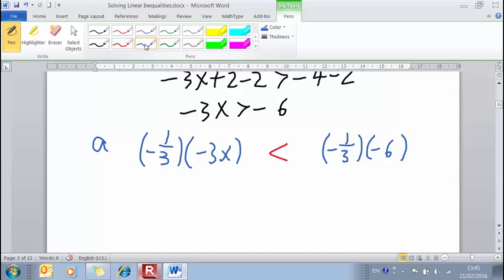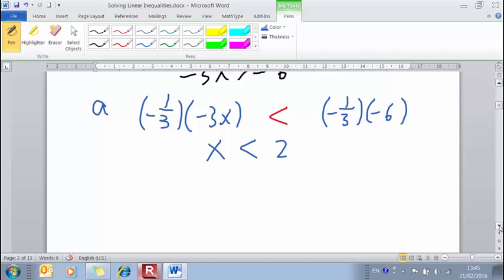And therefore we have x on the left hand side less than. On the right, we have negative 1/3 times negative 6 gives us a 2. Now once again, please check that the coefficient of x here is positive 1, and hence we have reached the solution, which is x less than 2.